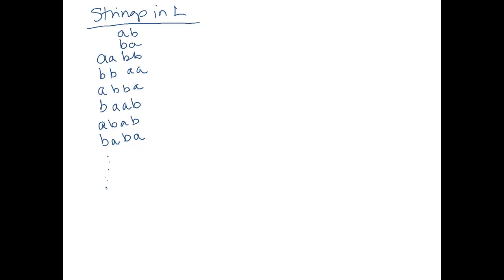But let's try a first grammar. Let's call this grammar G1. If we're just thinking about having the number of A's equal the number of B's, we might try something like this.